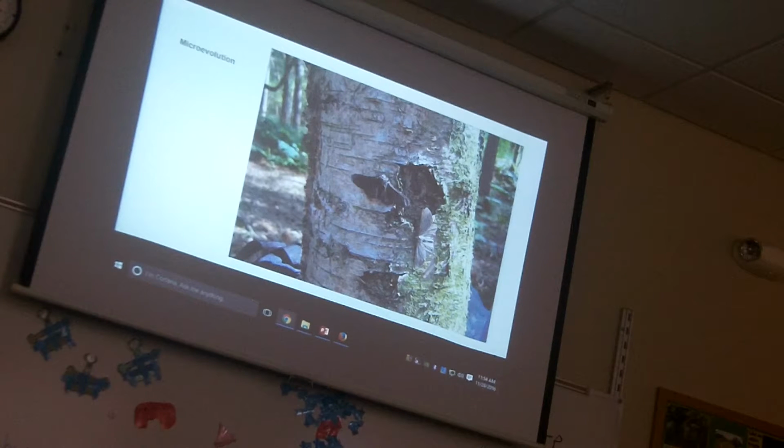I don't know how long those moths live, but they reproduce like every year. So a generation for a moth is a year or maybe even less, and a generation for a human is 20-some years. So maybe if you gave humans that many generations, they could change that quickly. But there would have to be something causing the change, like the change in the tree color was causing.